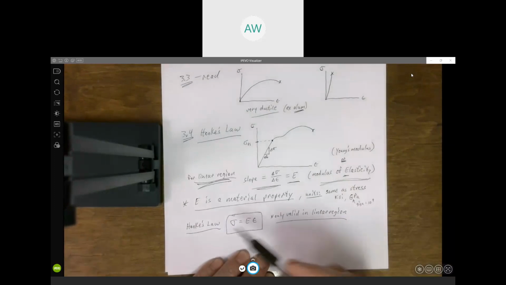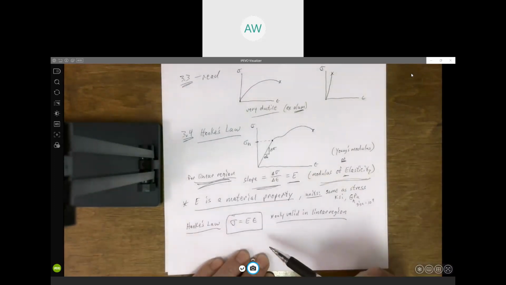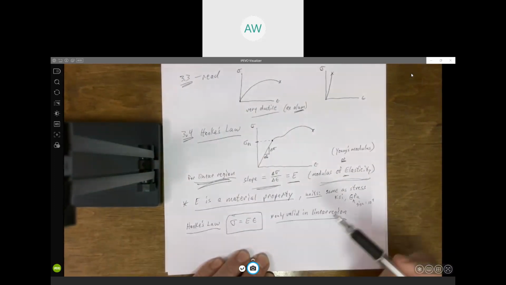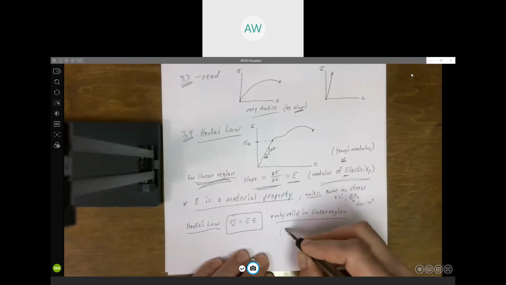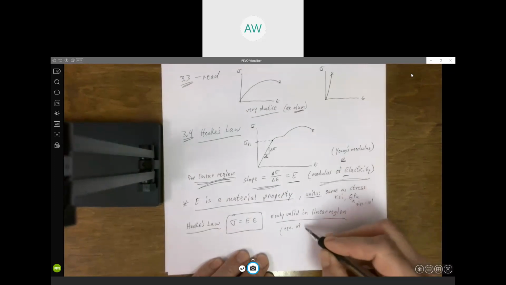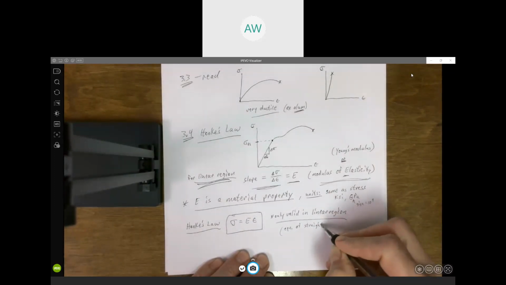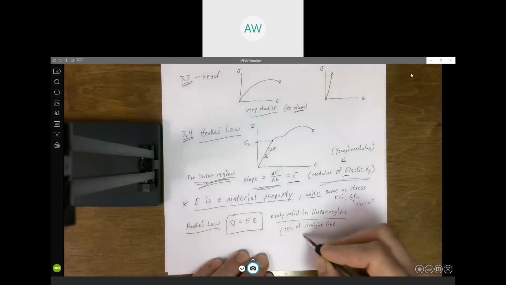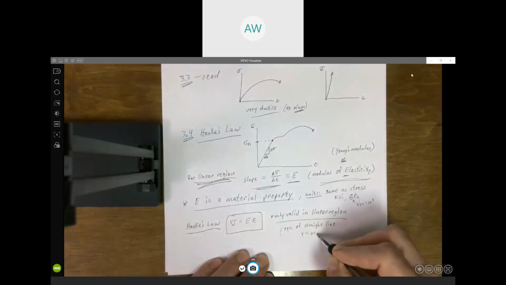The other thing is you may or may not recognize this, but it's just the equation of a straight line, right? Remember back in Algebra 1, whenever you took Algebra 1, y equals mx plus b.